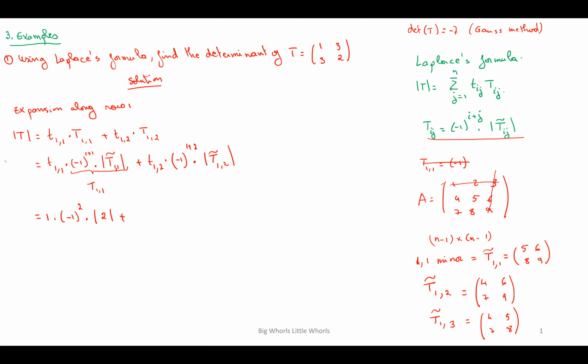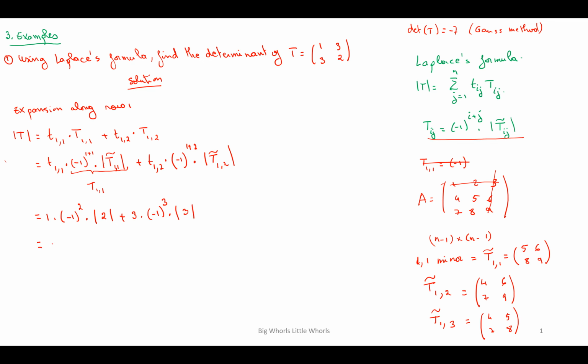Plus first row, second column, T12. The entry T12 is 3, multiplied by -1 to the power of 3, multiplied by the determinant after deleting the first row and second column. We are left with 3.